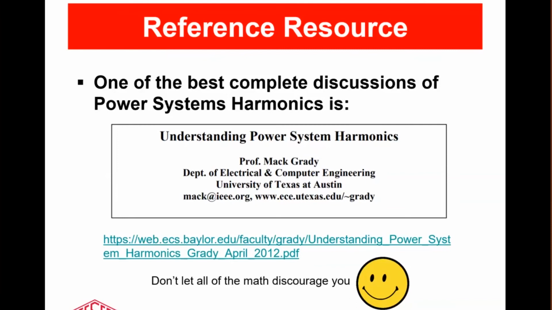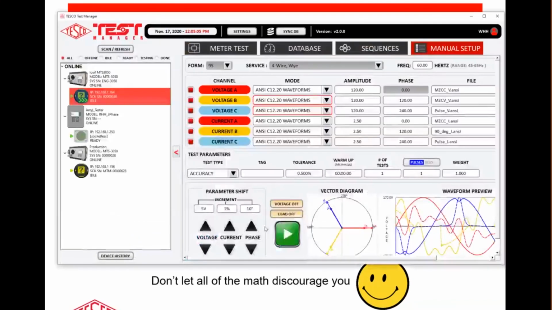And Brian, they should have all of the ANSI waveforms built in. So if you come to TMA and go to the manual setup page or to the page for setting up sequences in the database, you can choose sinusoidal waveforms. As I said, there are two different harmonic formats.